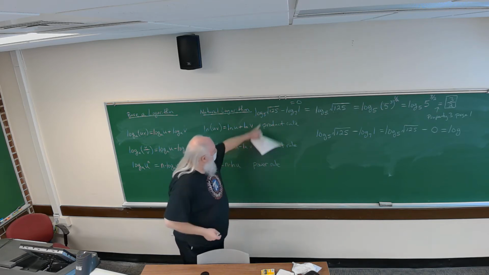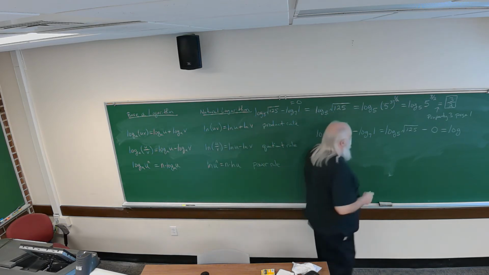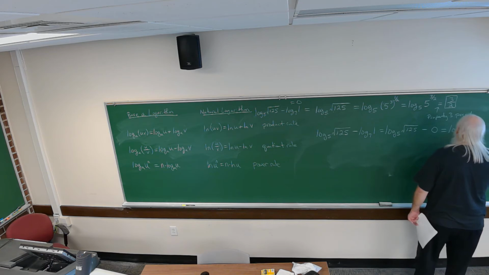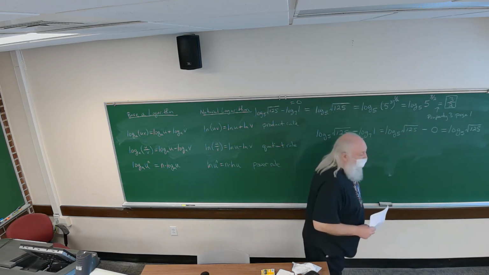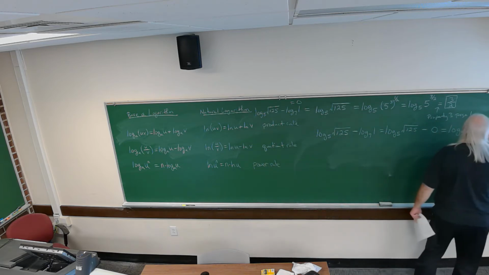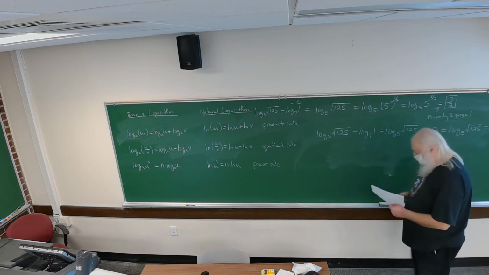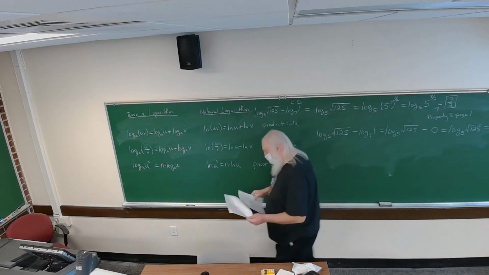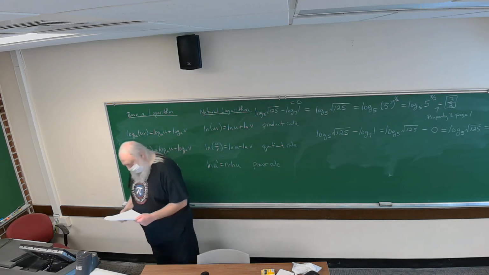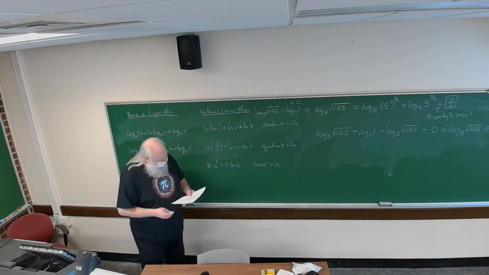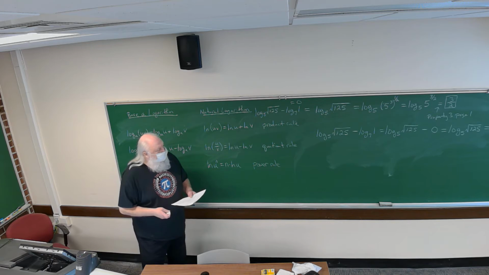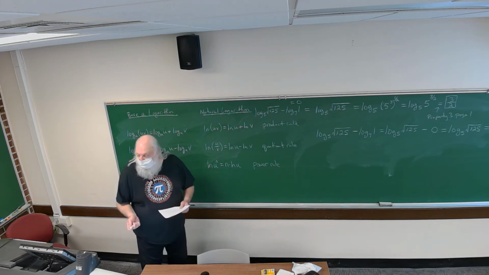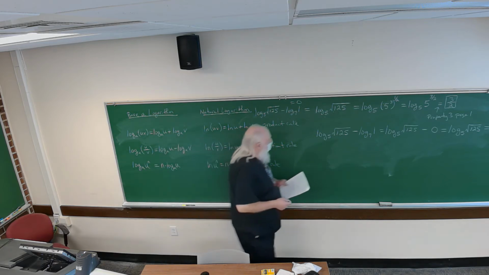So when you subtract 0, you just have log base 5 of the square root of 125, and that is equal to 3/2. Any other questions? Okay.